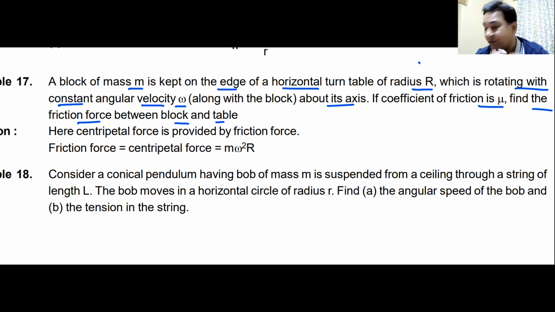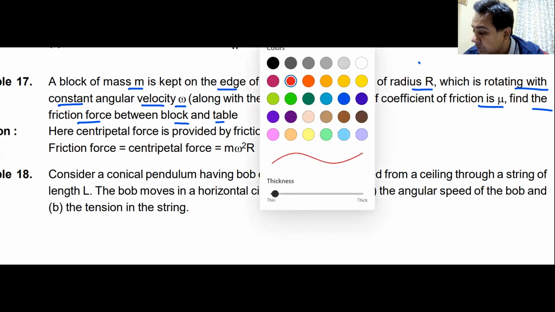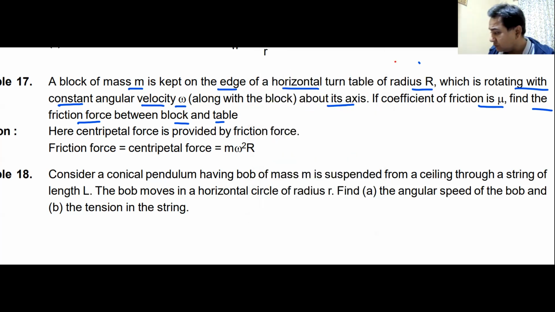The first thing that you have to understand in this question is the turntable. This is a rectangular table, that was a circular table, but it doesn't matter. This turntable is turning, and I have the block kept on this table like this.